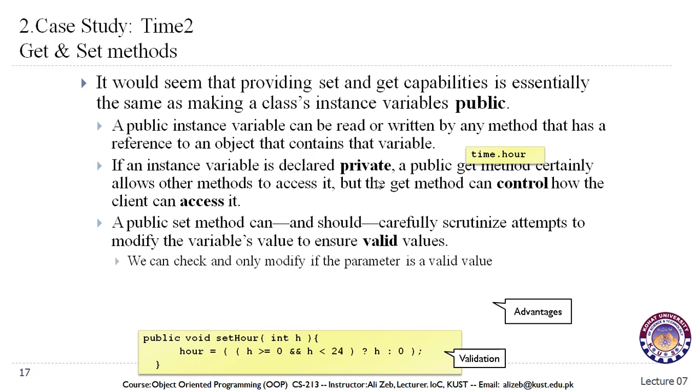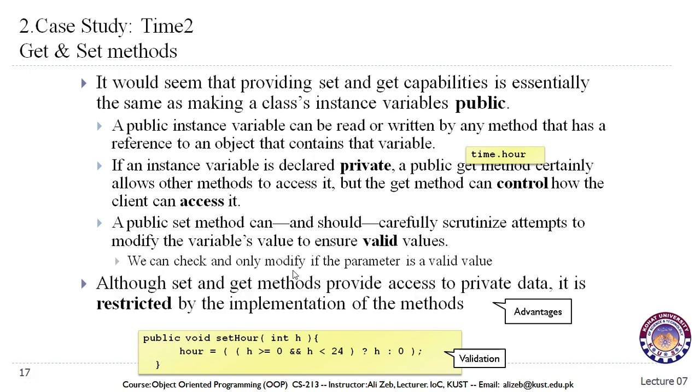But if we need to change that value, we can use the set method instead of directly providing access to our instance variable. And we can perform these kinds of validations on the variable before the value is assigned to our instance variable. We can check and only modify if the parameter is a valid value.